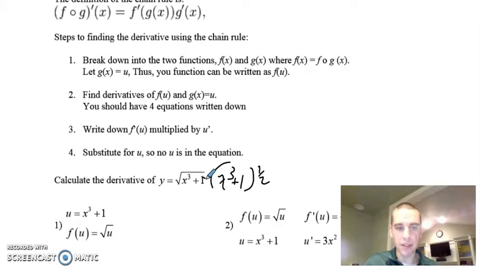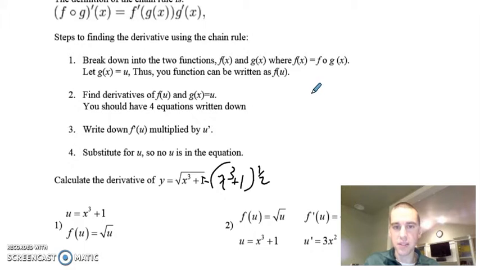When we talk about this, I'm not going to necessarily use this. I have everything shown here to follow these 4 steps. I'm going to talk about something different. I'm going to talk about the idea of taking the derivative of the entire function, the outside function, the bigger function, leaving the inside the same, and then taking the derivative of the inside.